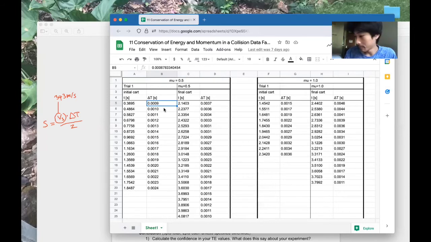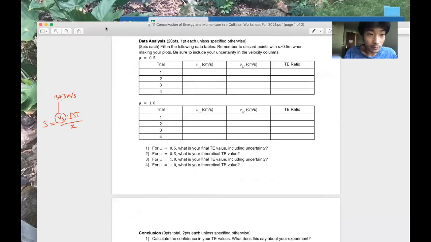Once you have that, you're going to want to graph your S values against time. So this is step one.